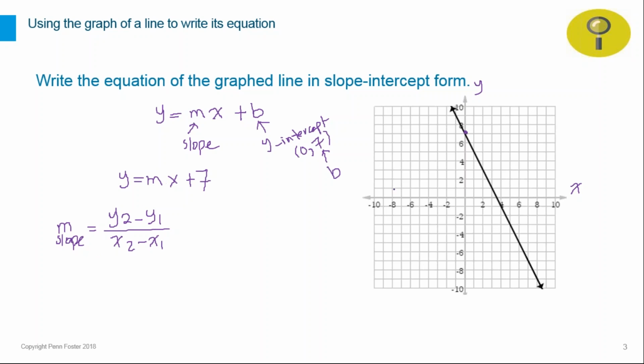From the graph, it is easy for me to plot 2 easy points on the line. One of them is (2, 3). See, the line goes through this point. Let's label that as point 1, P1, and that is (2, 3).